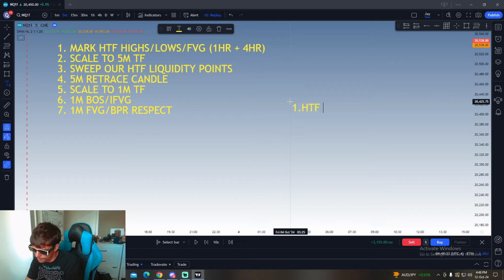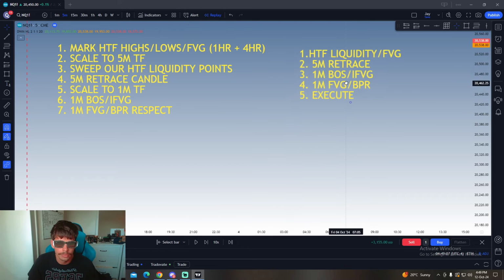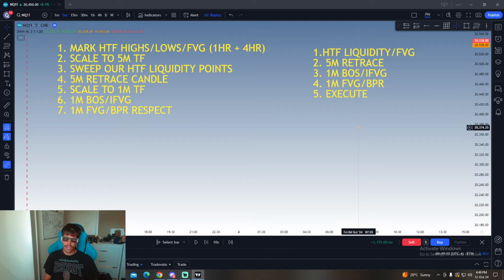High time frame liquidity / fair value gap. 5-minute retrace. 1 minute break of structure / inverse fair value gap for 1 minute fair value gap / BPR. Execute. Super simple, guys. That's my entire strategy.